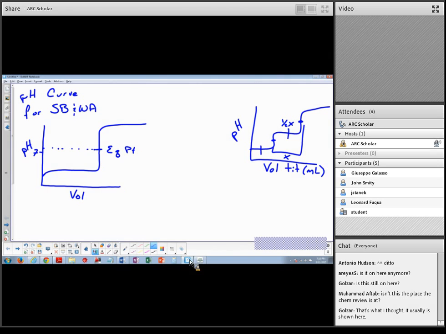Could anyone tell me when would you expect the equivalence point to be exactly at 7? There are 2 times you could expect that. One of them would be when you mix a strong base with a strong acid? Strong base, strong acid. Okay, because their conjugate base and conjugate acid aren't going to react with water.